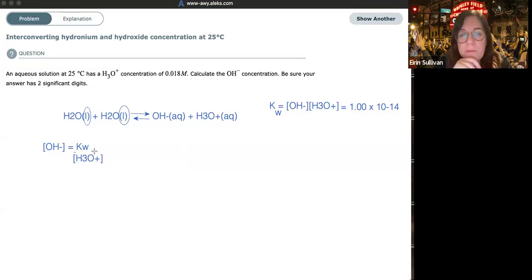In terms of sig figs, I mean, we always write 1.00 times 10 to the minus 14. Technically, the units would be molarity squared, so they can cancel out appropriately and give us molarity for our concentration of hydroxide. But what I'm trying to get at is it's not going to affect the sig figs of your answer. Give the sig figs of your answer based on the sig figs for your hydronium ion concentration in this case. So 1 times 10 to the power of minus 14.